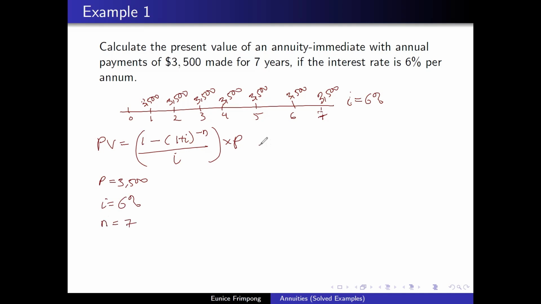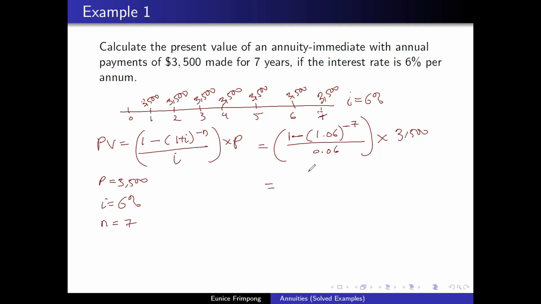So fixing these variables back here, 1 minus 1 plus i, which is 1.06, to the power minus n, which is 7, all over i, 0.06, times P, which is 3,500. So I put everything that is in the brackets on my calculator: 1 minus 1.06 to the power minus 7, all over 0.06.